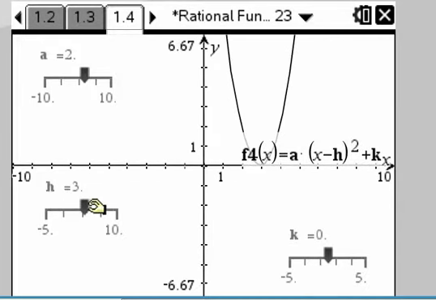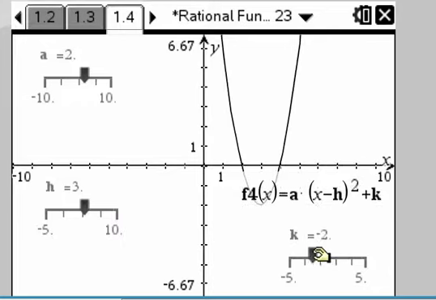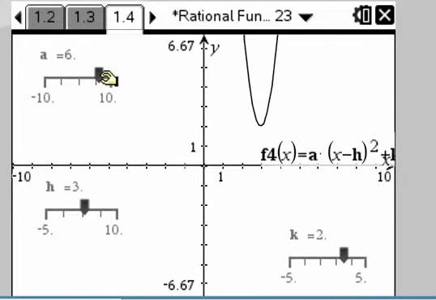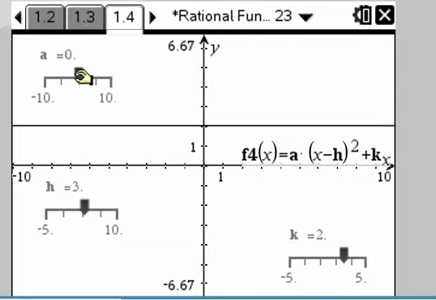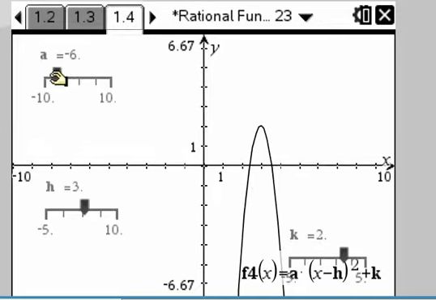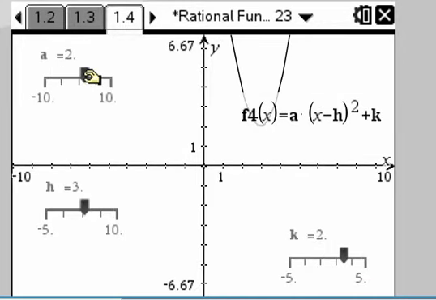If we move k, it goes up and down. And if we change our scale factor, as it gets larger, our parabola dilates vertically, and when it goes negative, it concaves down.